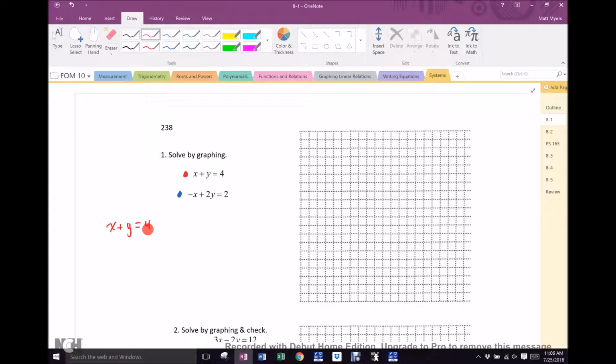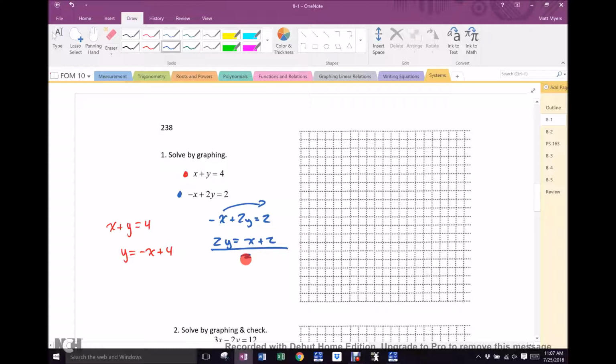What's moving? Can I graph that now? Mm-hmm. What do I got to do with the blue one? Move the x. Then what?